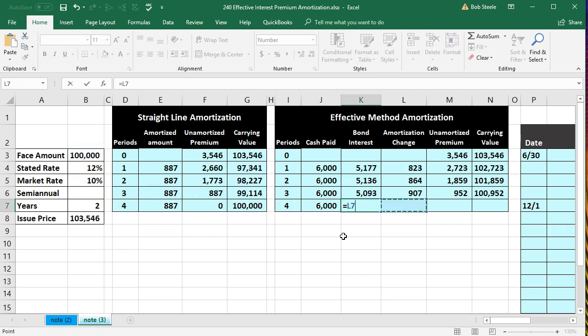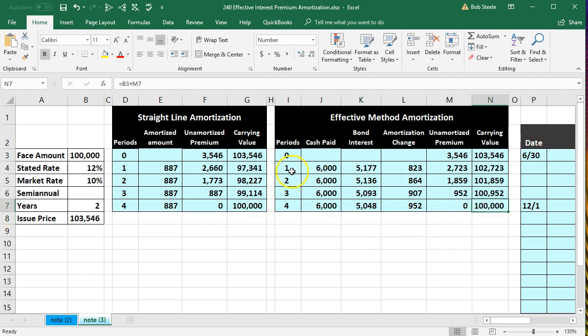The bond interest is the carrying amount times the market rate, divided by 2. The difference will be the 6,000 minus the bond interest. And that, of course, will bring this down to 0 by taking the unamortized prior minus the change. And now the carrying amount is the 100,000 plus the unamortized amount, which is 0, and that is where we are left. Then we would pay off the bond.